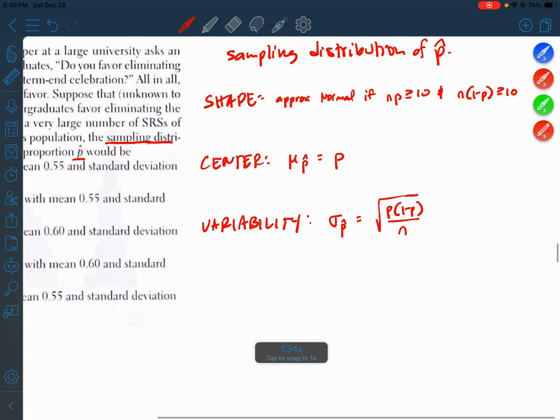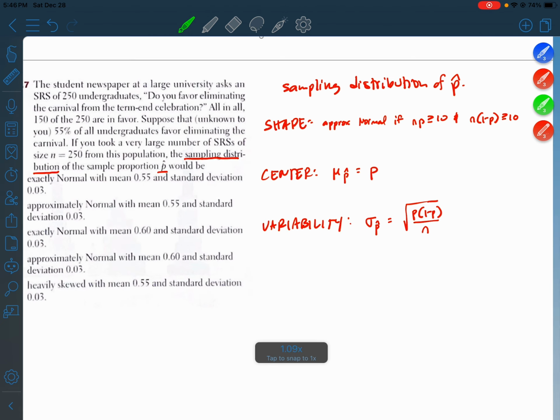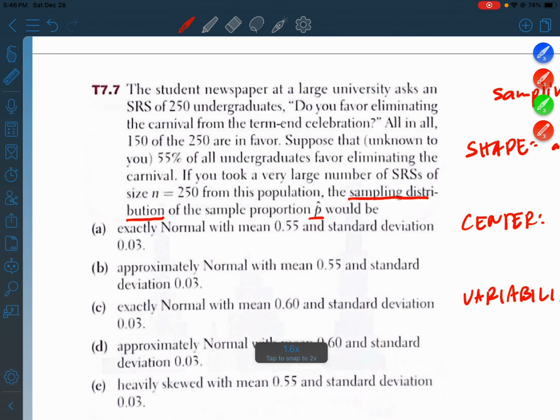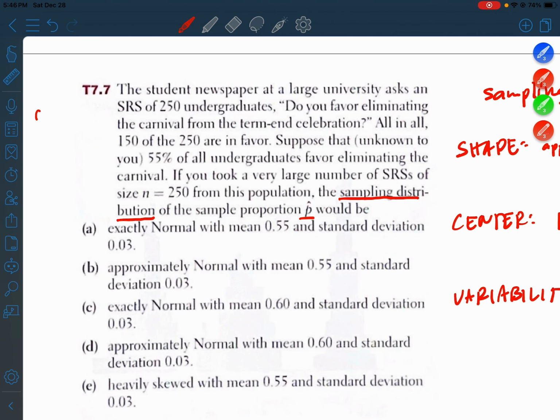All right, so let's go through and check. We probably should have noted a couple things, so let's go over here to the margin. Their sample size is 250. The sample proportion p hat is 150 out of 250, which is 0.6.